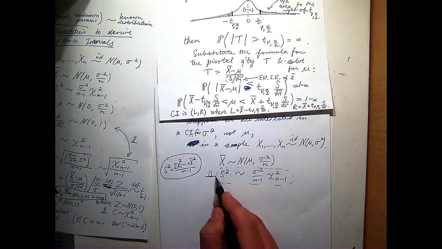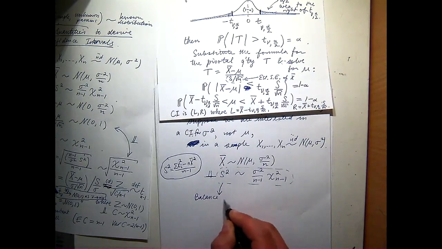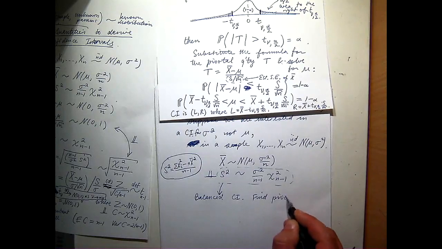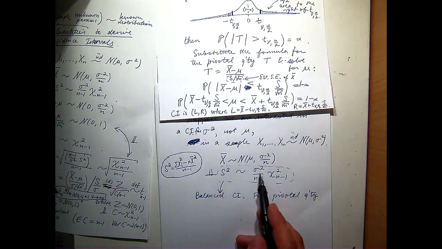So for s squared, we want a balanced confidence interval, so we apply the same procedure. Find the pivotal quantity. Now, s squared itself is not pivotal because its distribution has a scaling by sigma squared, and sigma squared is unknown.